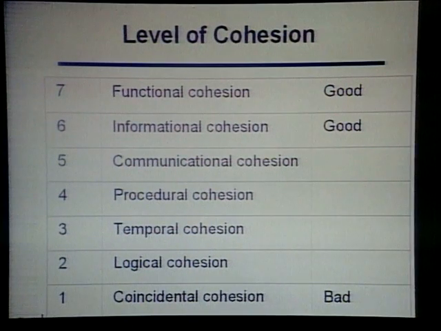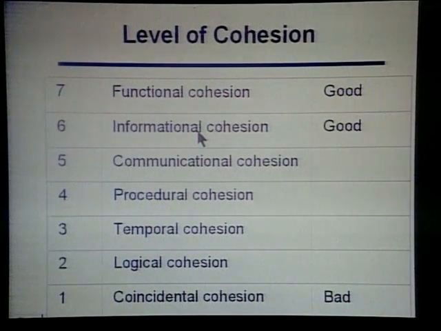You can see from this table that coincidental cohesion is the worst kind of cohesion you can have. As you move up in the levels, you get a better level of cohesion. If a module has functional cohesion, it is the best type of cohesion you can have, and that is the best design of a module.